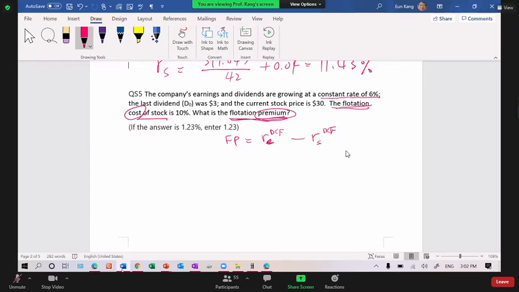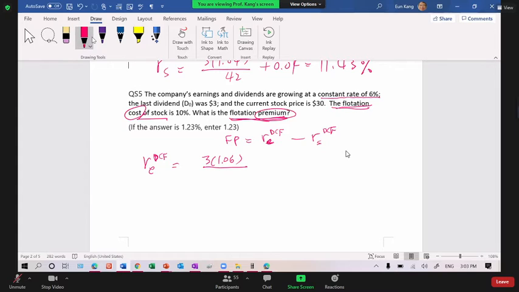So we have to calculate the DCF way of calculating cost of equity. That is D0, $3, times 1 plus g, 1.06, over P0, 30. But you have to incorporate flotation cost.